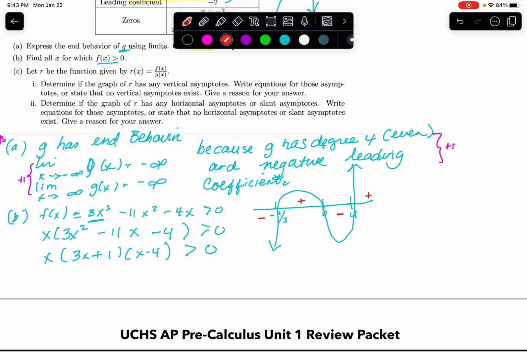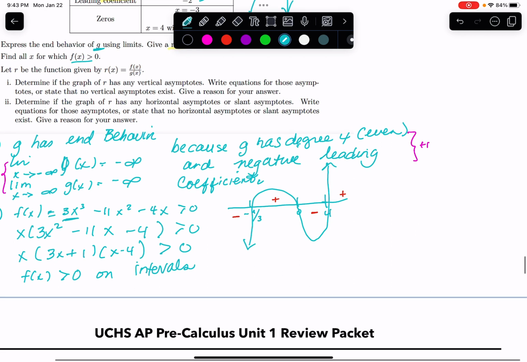We're following the graph. And so my answer would be, where it is greater than 0 would be in interval notation. So let's say f of x is greater than 0 on the intervals, because remember, it's a free response. We're going to write this out.